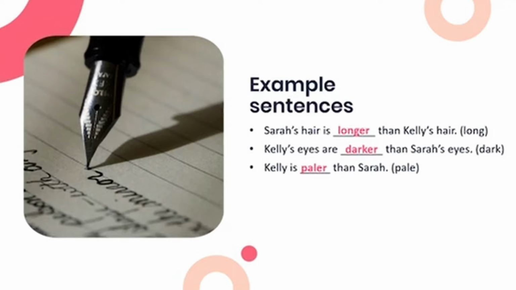Great. So note that the words we just inserted into these sentences are the comparative forms. Comparatives are the second degree of comparison. Can you see what we've added to the adjectives to put them in comparative form?